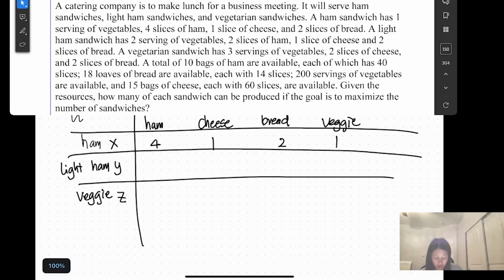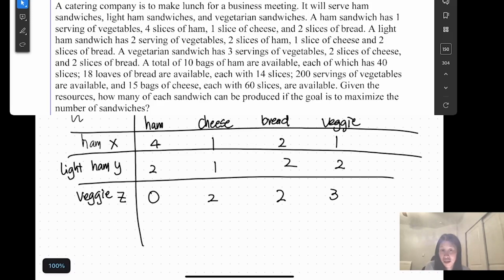For the light ham sandwich, it is 2 slices of ham, 1 cheese, 2 bread, 2 veggie. And for the veggie sandwiches, 0 ham, 2 cheese, 2 slices of bread, and 3 portions of vegetable.